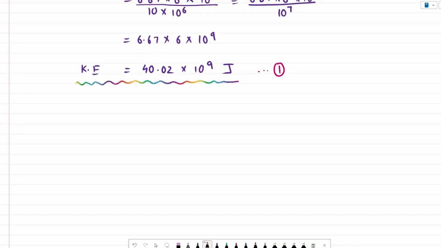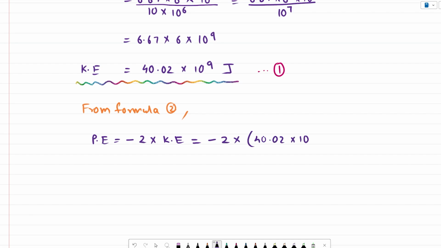Now let's quickly calculate all the other energies. So from formula 2, I can pretty easily calculate the potential energy, as by definition, potential energy for an orbiting satellite is equal to minus 2 times the kinetic energy of the satellite. And we have already calculated the kinetic energy of the satellite, so it would be minus 2 into 40.02 into 10 raised to 9. That is the value of kinetic energy which we calculated in our equation number 1.